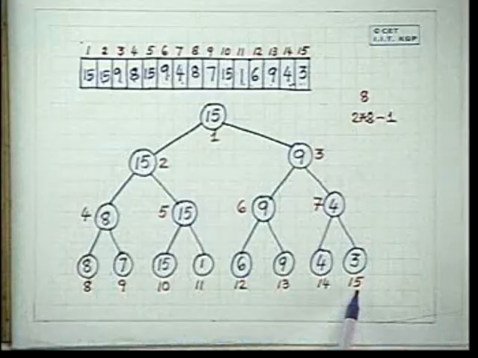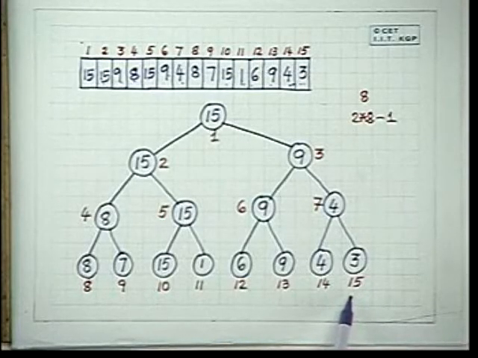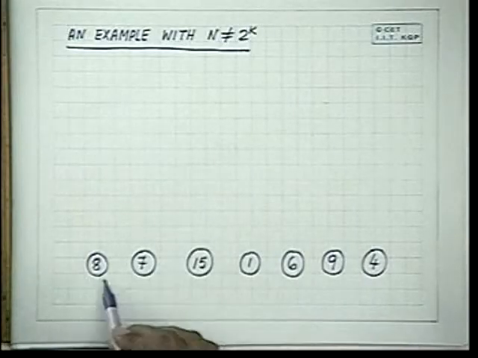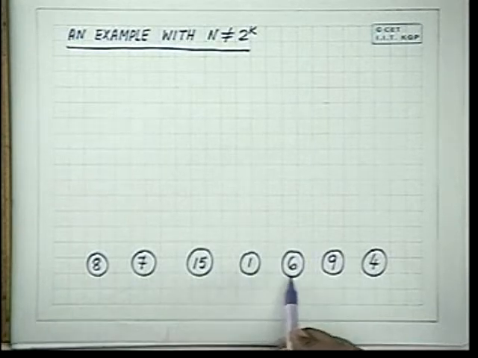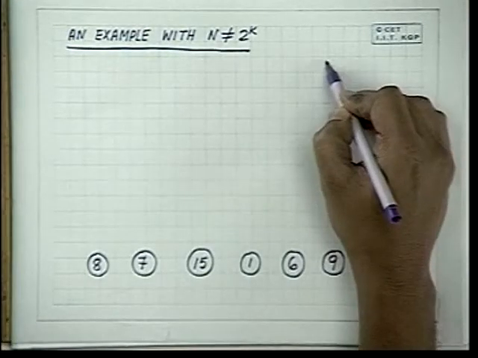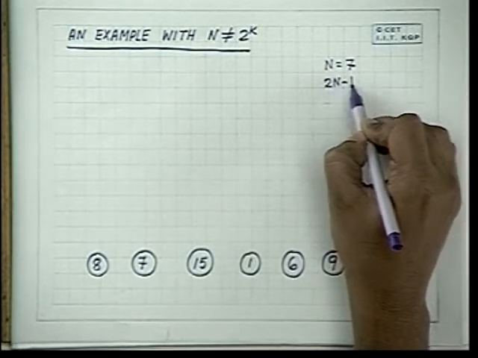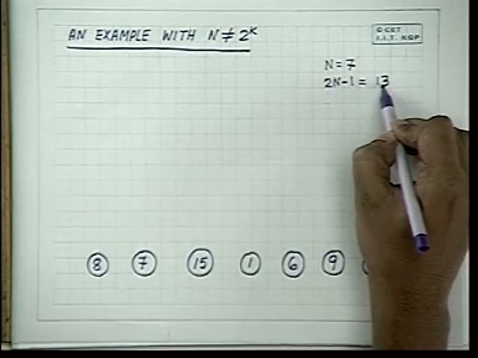Is that okay? So now this is an example with 8 elements, which is a power of 2. Let us just do another example, which is not a power of 2. So we've got 1, 2, 3, 4, 5, 6, 7 elements. So n is equal to 7. So 2n minus 1 is equal to 13.